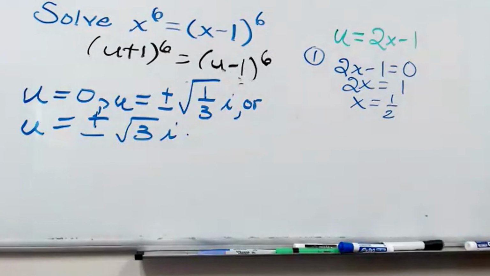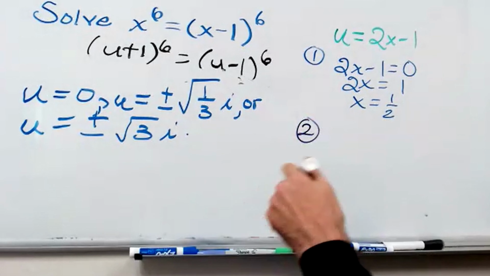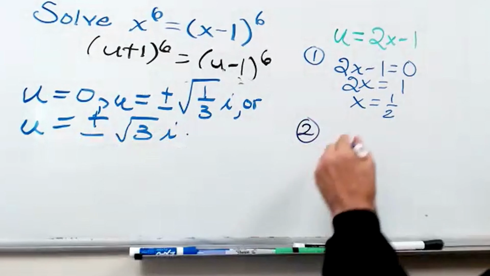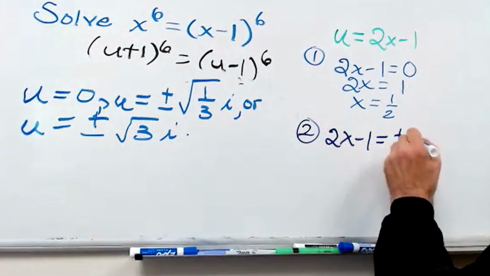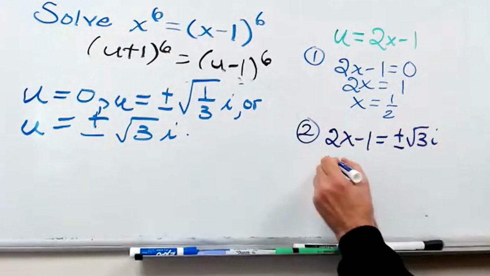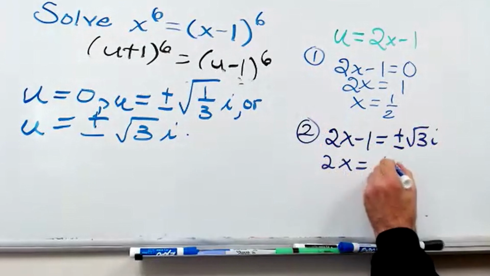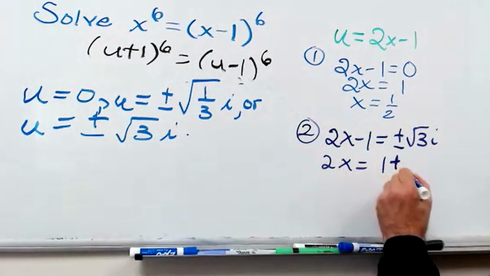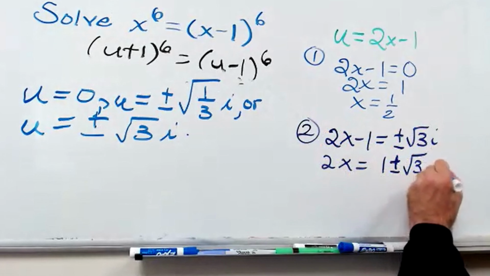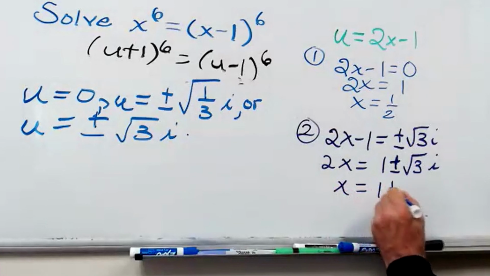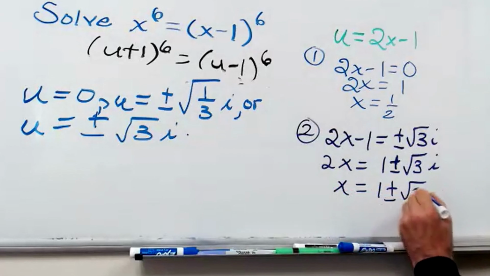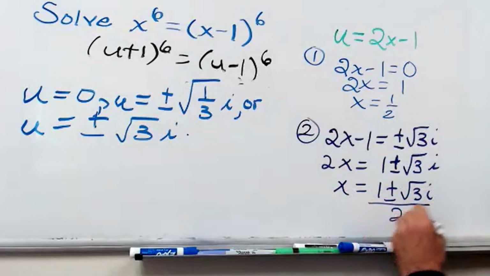Needed a little more room there. 2x minus 1 equaling the plus or minus square root of 3i. We'll have 2x equals 1 plus or minus square root of 3 times i, and then divide all of that by 2. That gives us one real solution and two complex solutions so far.